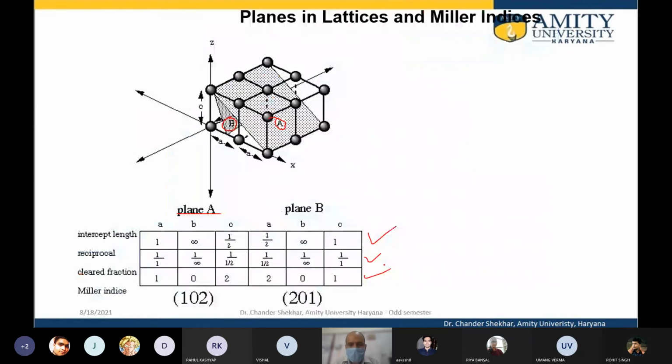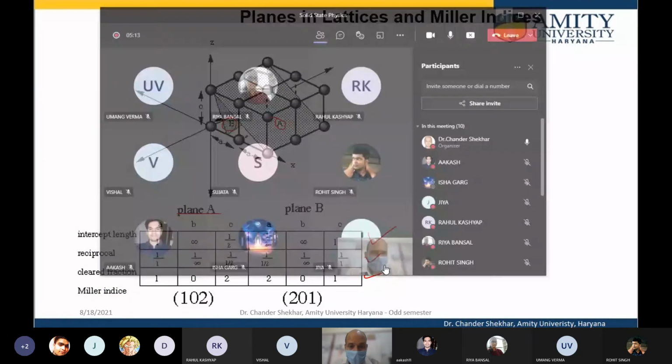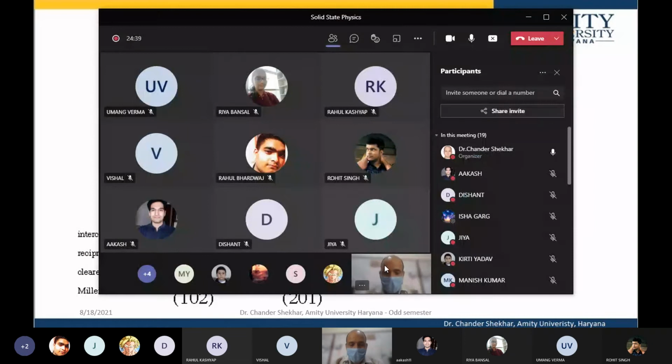Okay. For the normal crystal structures, which are, say, cubic, tetragonal, orthorhombic, monoclinic, triclinic, and rhombohedral, that works. For hexagonal, there are additional indices known as the Miller-Bravais indices that are used, and now we will discuss that.